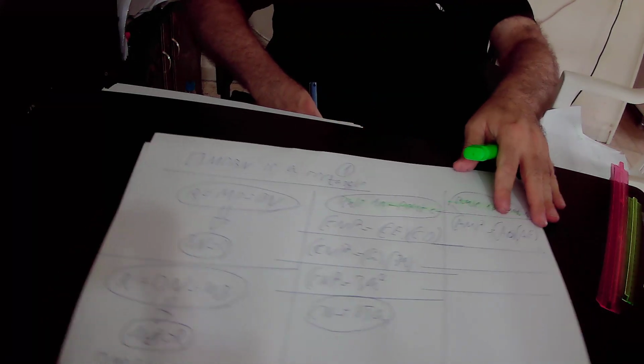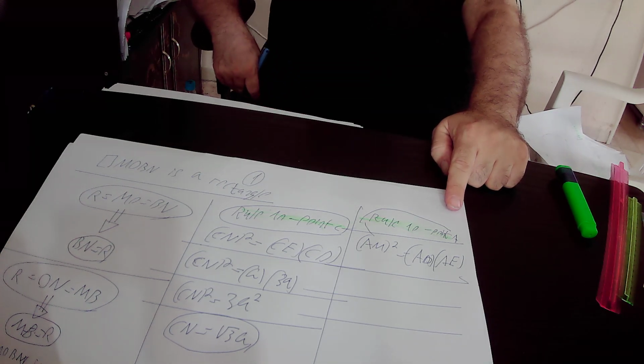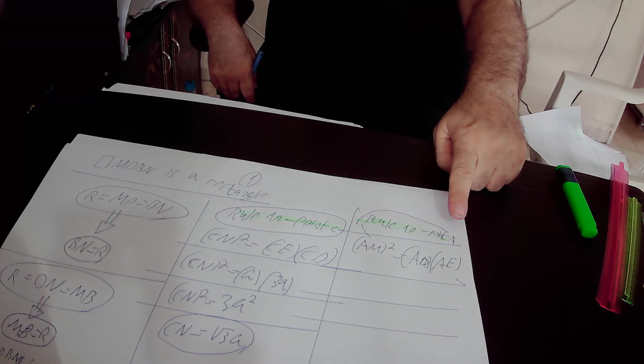We implemented rule number 10 at the external point A. According to rule number 10, we get that AM squared equals AD times AE.